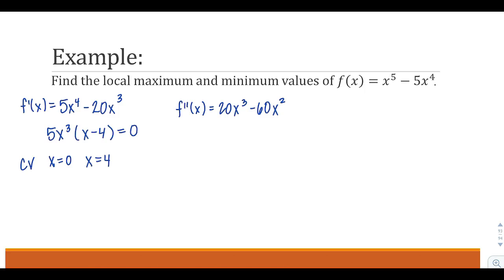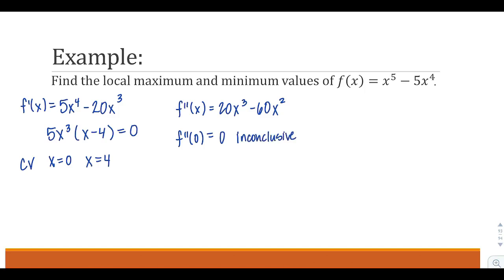And I'm actually going to go ahead and plug in my critical values. So if I plug in 0, I end up getting 0 minus 0, which is 0. And that gives me an inconclusive result.